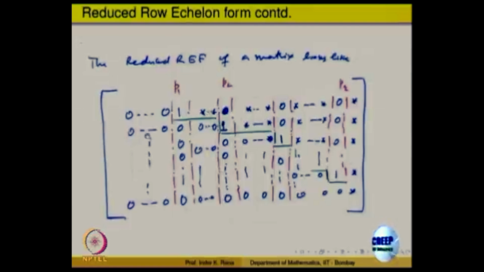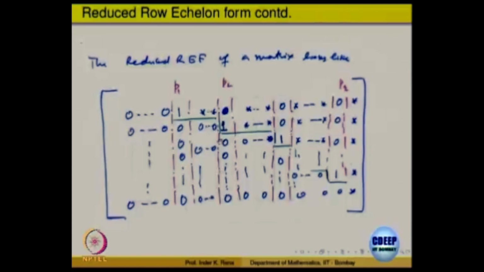But the non-zero entry in the second row is again 1, comes at the column number P2, right. So P2 is on the right side of P1 and in that column everything is 0. And on the left of that also everything is 0, because that is a pivot. In that column, every row below should be 0.